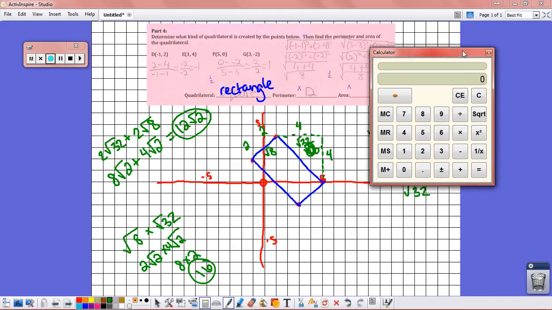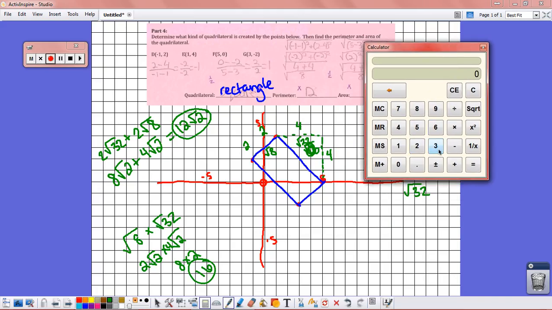Alright. So what we have here is, let's do square root of 32 times 2. So that's 2 square roots of 32. I'm going to just round it, make my life easier. Then the square root of 8 times 2 is 5.7 if we round it.